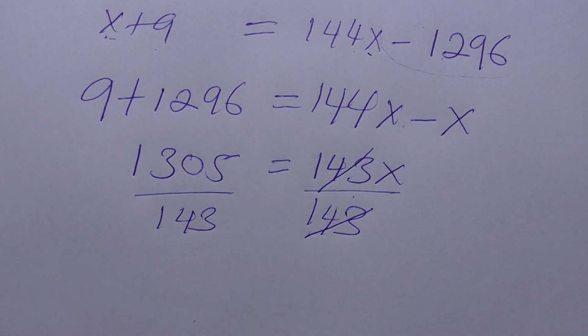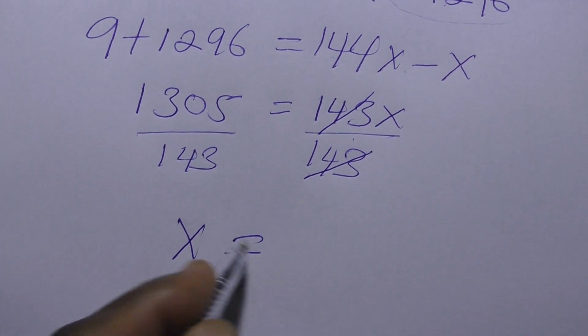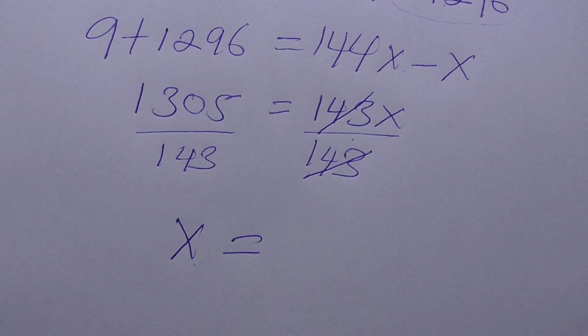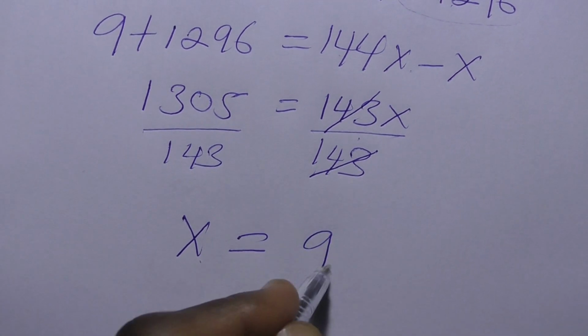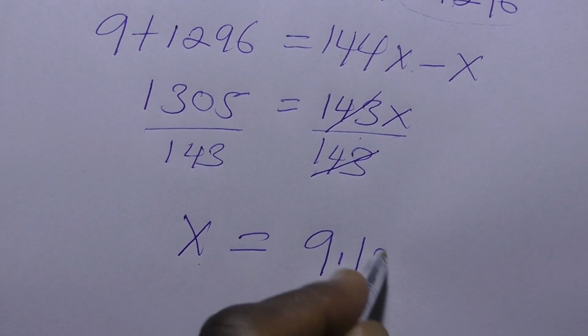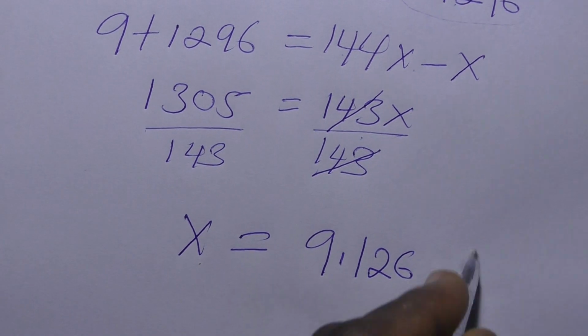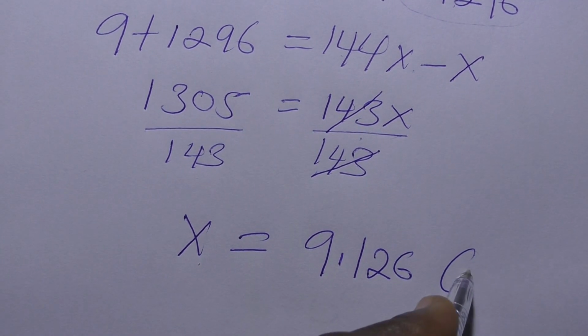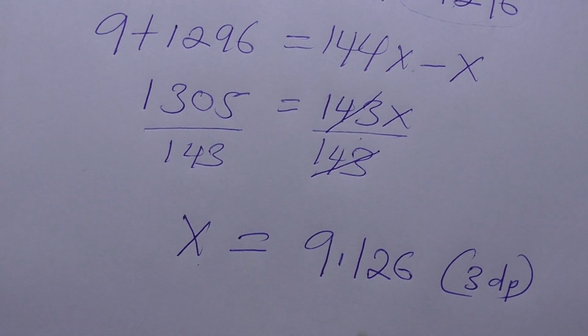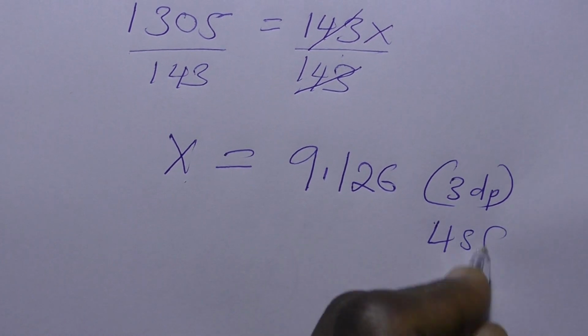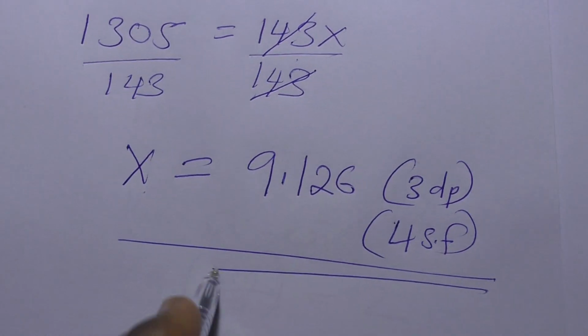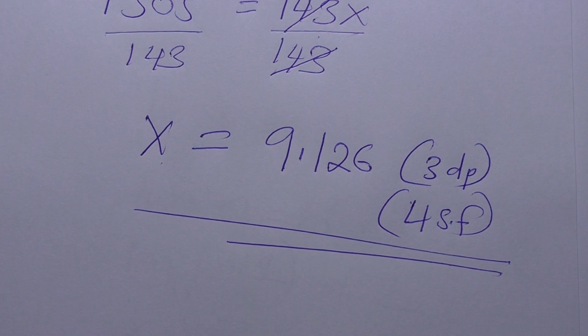We reduce and get x as 1305 divided by 143, that is 9.126. That is to 3 decimal places, or it is also 4 significant figures. So that is how we solve in this case.